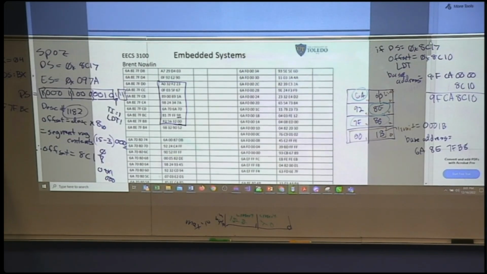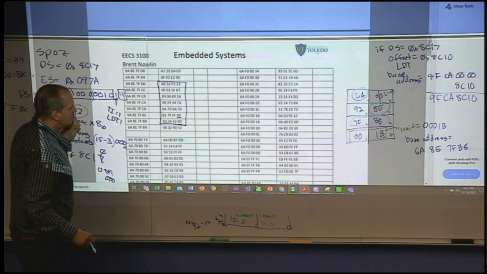Now, 2 things. How many bytes are located at this address? 1. 1 byte. It's 1 byte per address. We have to move how many? 2. Because we're moving into AX, 2 bytes, right? In the Intel architecture and almost every other architecture, the only time I've ever seen a difference is in communication systems.